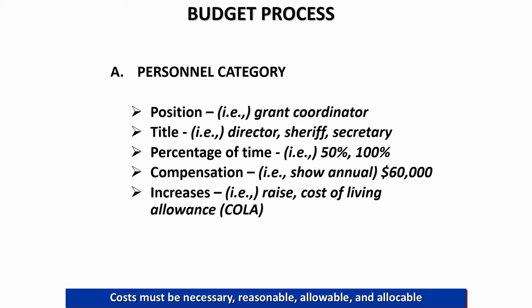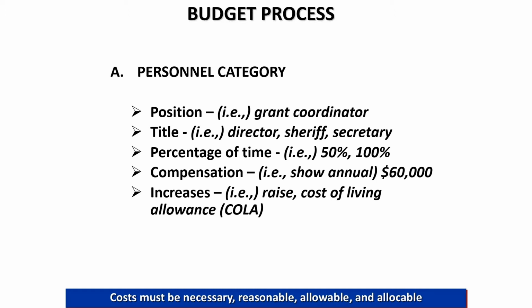So when we're talking about positions, it's always best to identify the actual position. Now, this does not hold true when we're talking about key personnel that need to be identified on a grant application. So again, if we're talking about secretaries, grant coordinators, and things like that, you can identify the position, but the requirements for key personnel need to be identified.